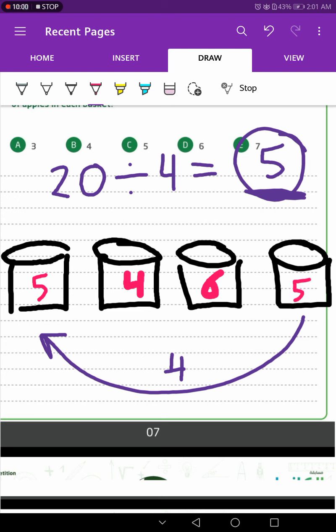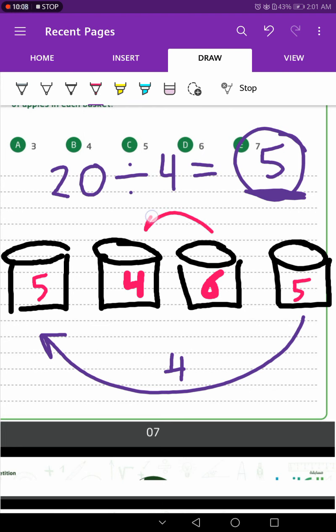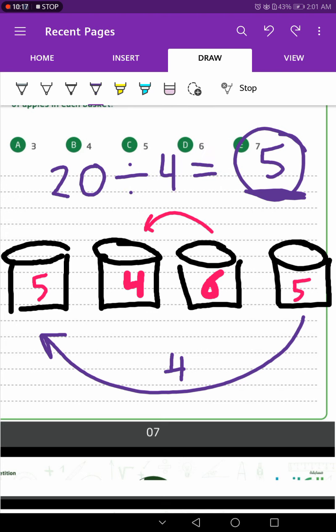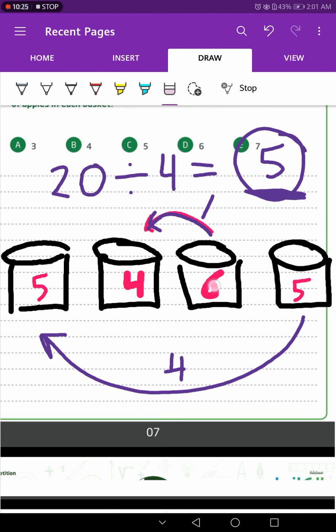Now what I can do, yes, I have to bring one apple from here and put it in this basket. One apple. So let me write it with the same color. So one apple from here to here. Okay, so each one must have 5 apples.